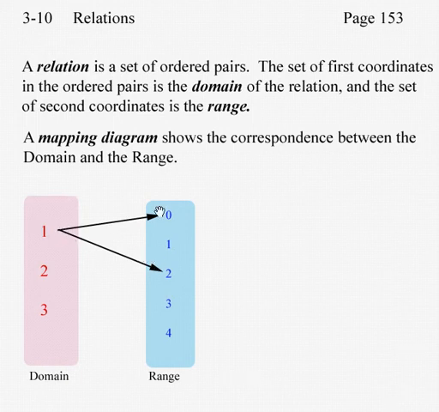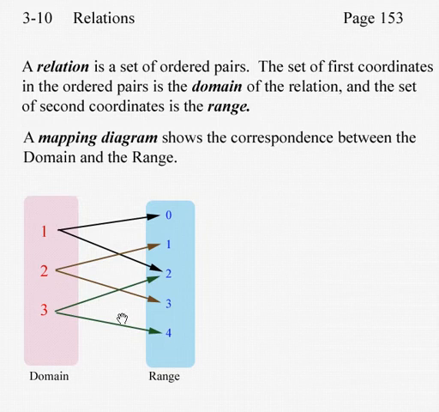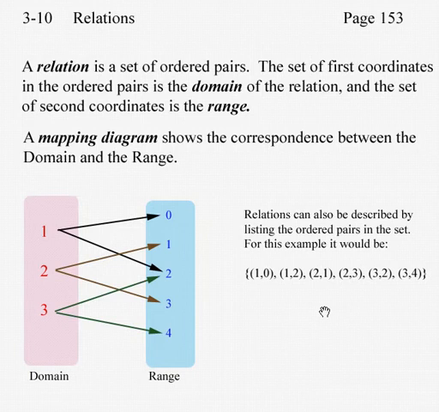So that means we have the point 1, 0 and the point 1, 2 as our set of ordered pairs. We also have 2 in the domain mapped to 1 in the range and 3 in the range, so we also have the ordered pairs 2, 1 and 2, 3. And then 3 in the domain is mapped with 2 in the range, and also with 4 in the range, so we have the ordered pairs 3, 2 and 3, 4 as well.